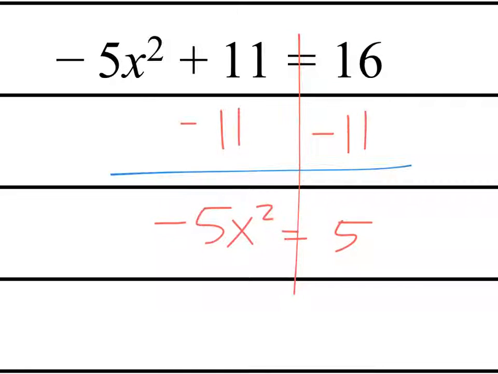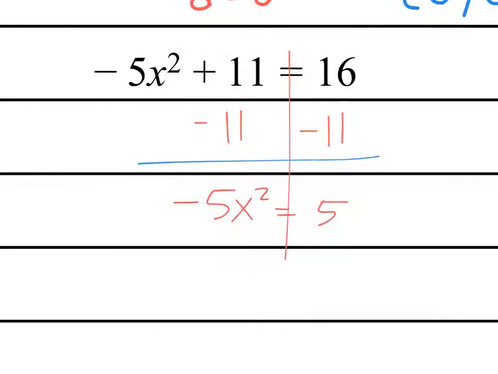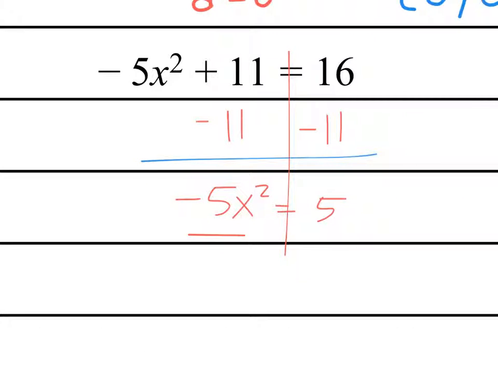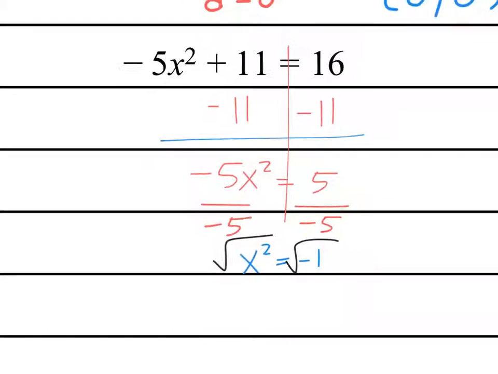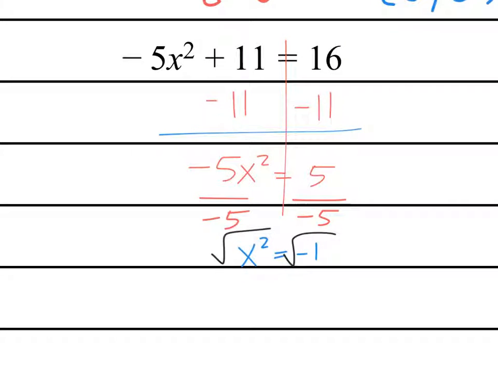Emily, what next? Okay. So you get x squared equals negative 1. And then you got to take the square root of both sides. Look at what we just did. Can you take the square root of a negative? No. I have to say no real solutions. This will never cross the x-axis.